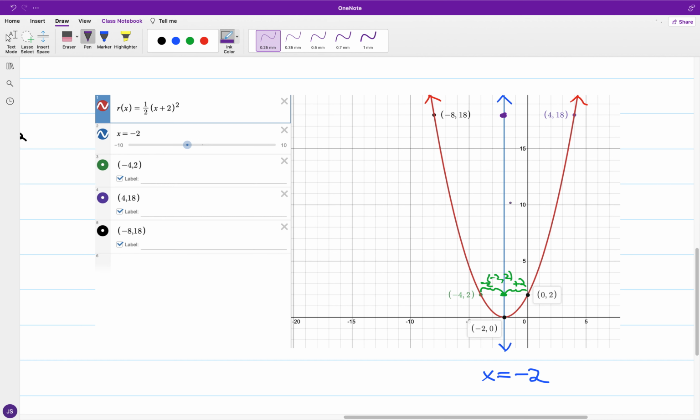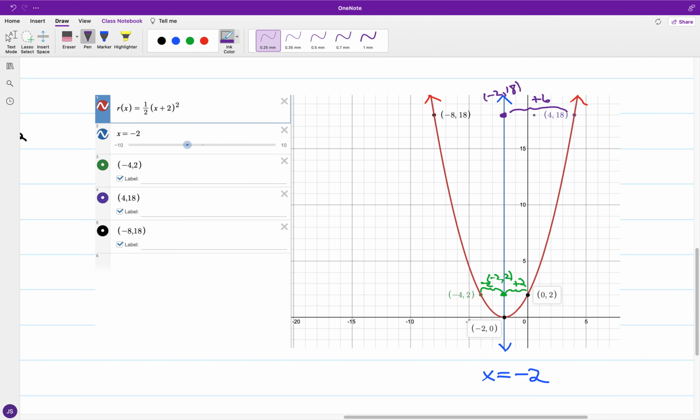So think of it like this. If I go up to y equals 18, so (4, 18). If I go from x equals negative 2 to x equals 4, I'm going to the right 6 places.